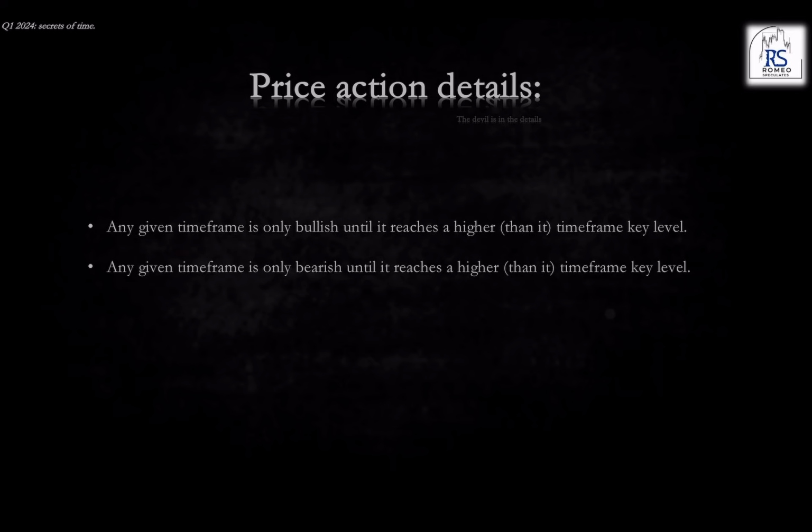Any given time frame, this is an important concept, so I want to give it its time, which is any given time frame is only bullish until it reaches a higher time frame key level. Any given time frame is only bearish until it reaches a higher time frame key level.